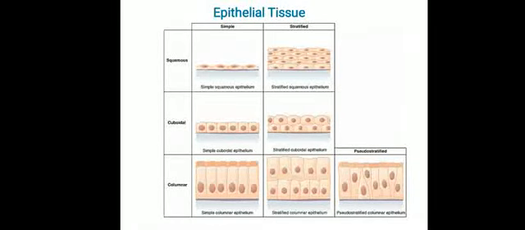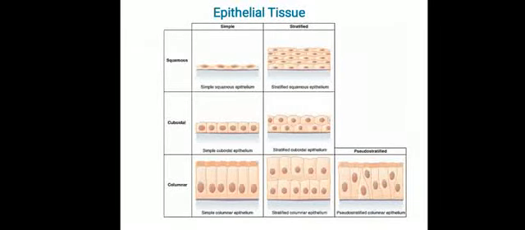The first is based on shape, whereas the second is based on the number of layers. According to the number of layers, we have simple epithelial tissue and stratified epithelial tissue.